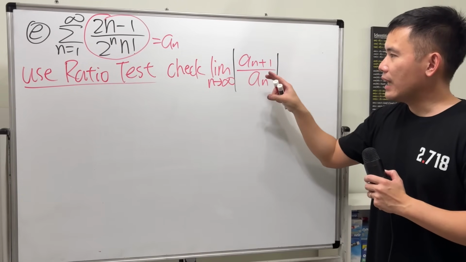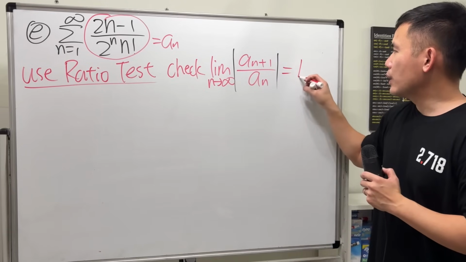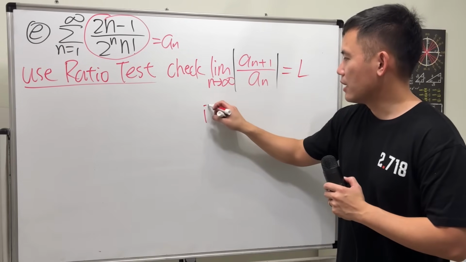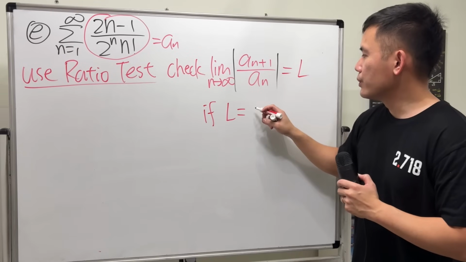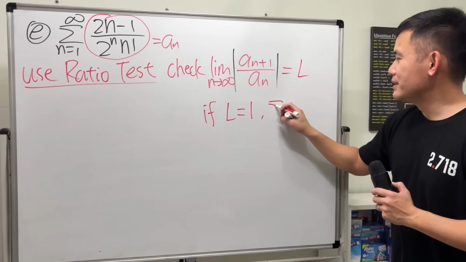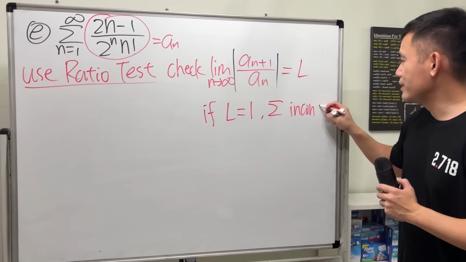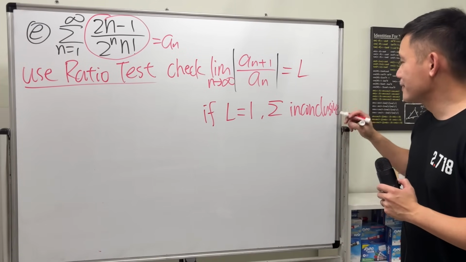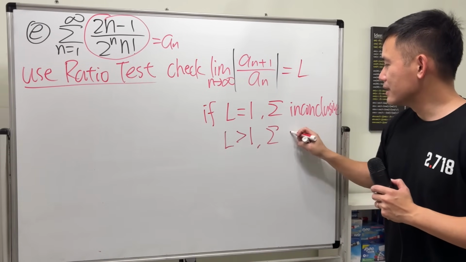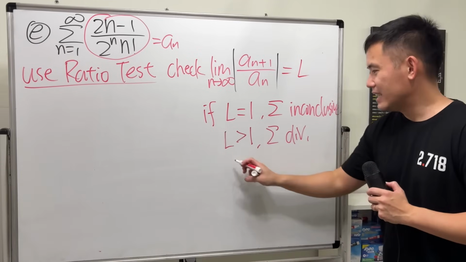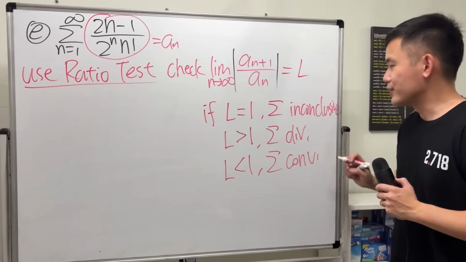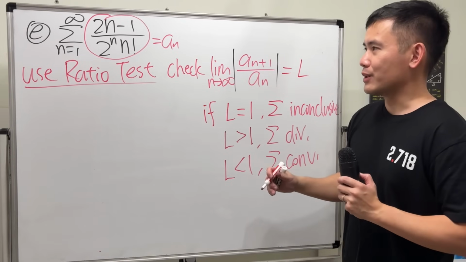So work that out, and then hopefully we end up with a limit L. The conditions are: if L is equal to 1, the series is inconclusive, meaning we cannot draw any conclusion. We will have to do more work. If L is greater than 1, then the series diverges. And if L is less than 1, then the series converges.